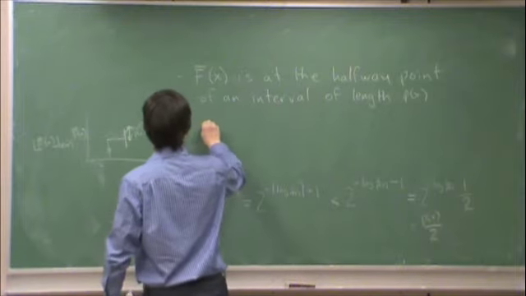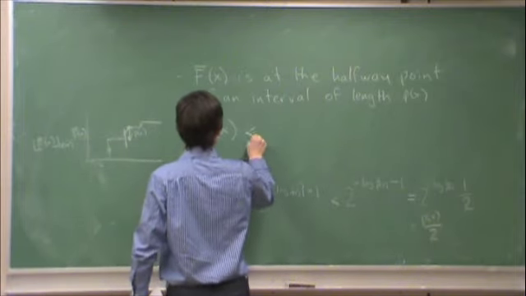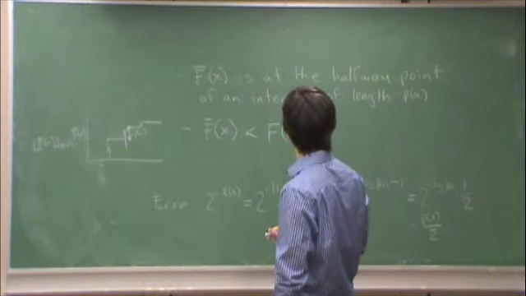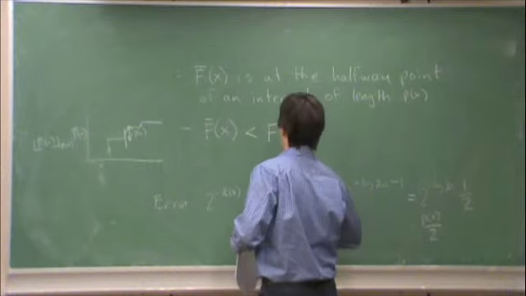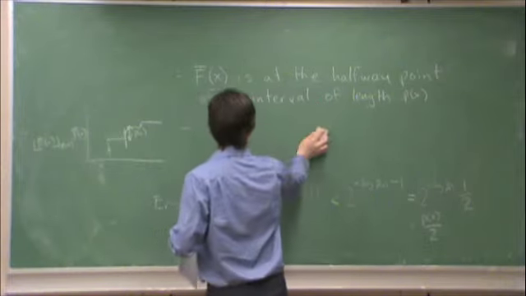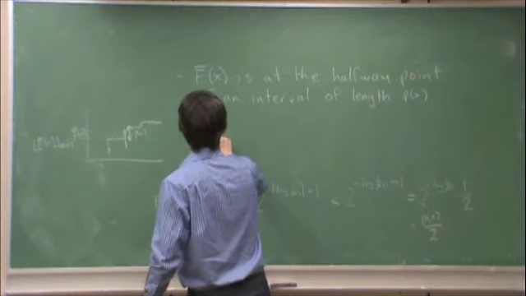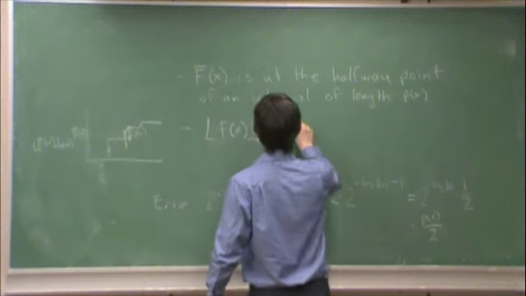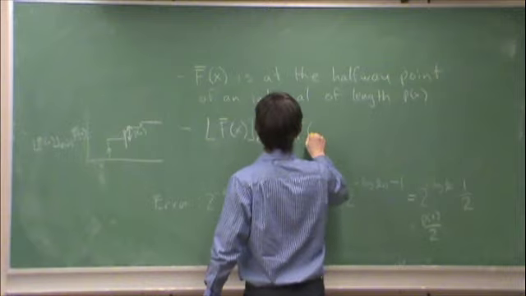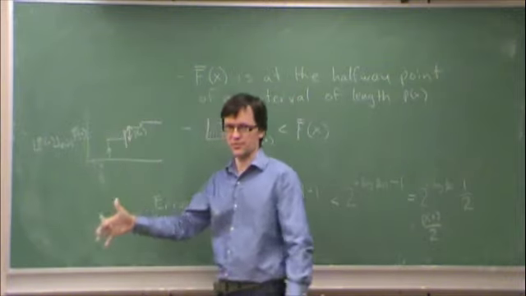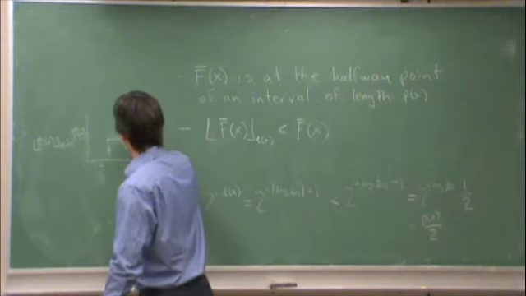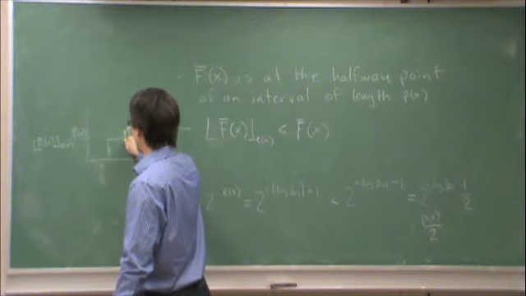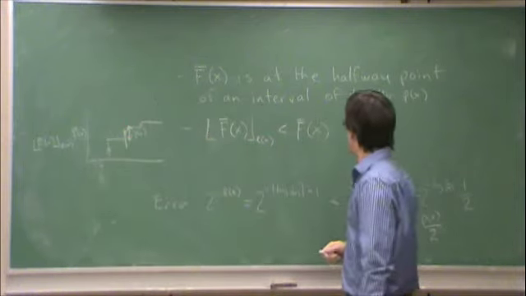What we also have is that floor f bar of x sub L of x is less than f bar of x. My quantization, because all I'm doing is dropping bits in the binary representation, must be below f bar of x in this representation.